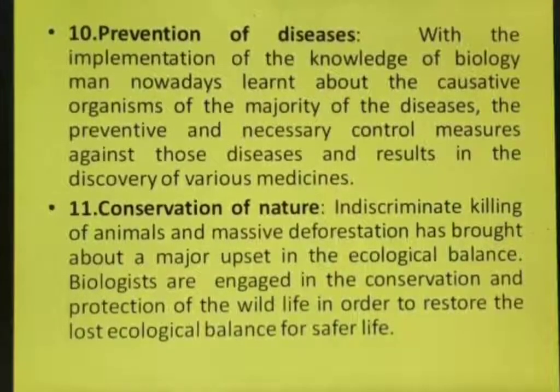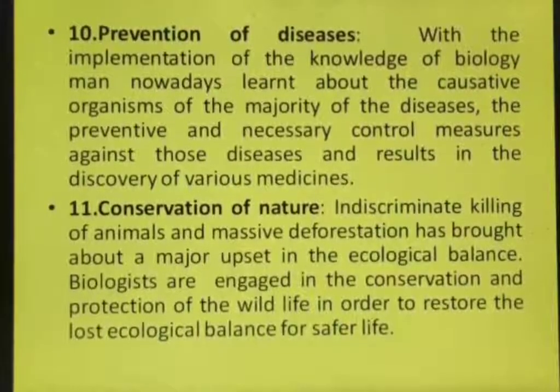Next is conservation of nature. This is a very important part. If we cannot conserve our nature, a day will come when the natural balance of the earth will be disrupted, and we as well as animals and plants may not be able to survive on this earth. Indiscriminate killing of animals and massive deforestation have brought about a major upset in the ecological balance.